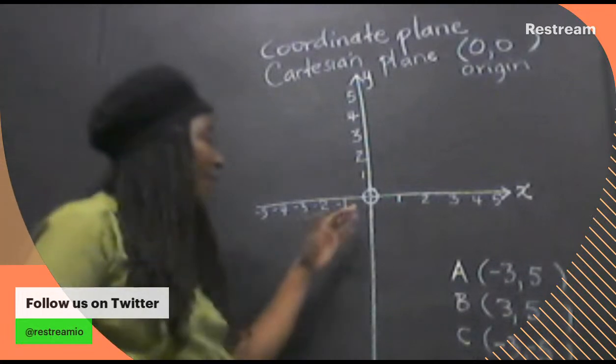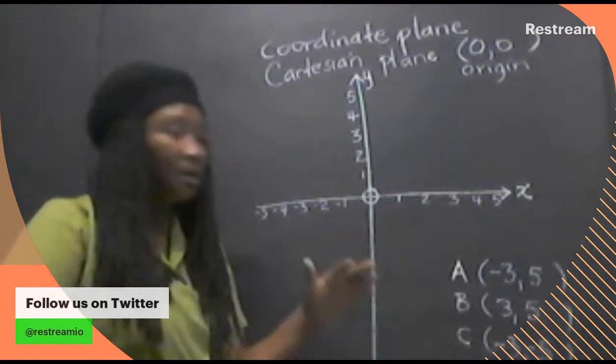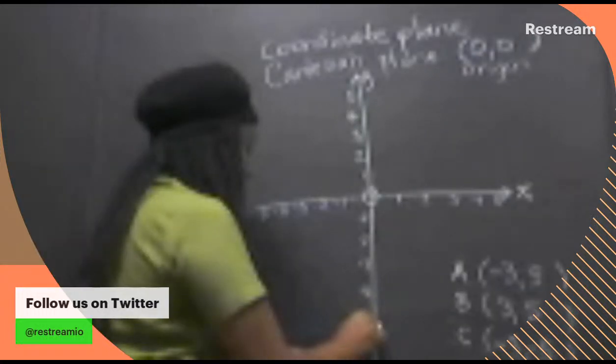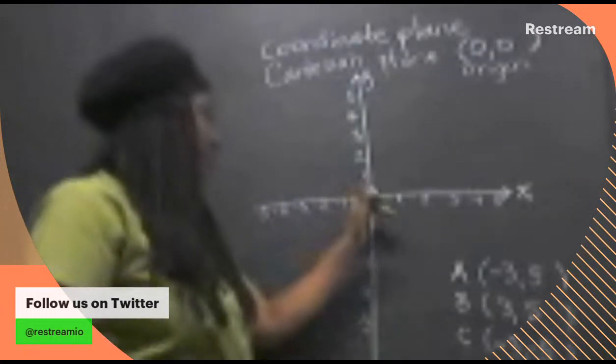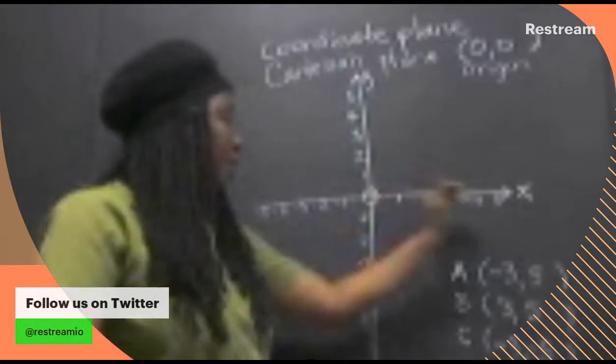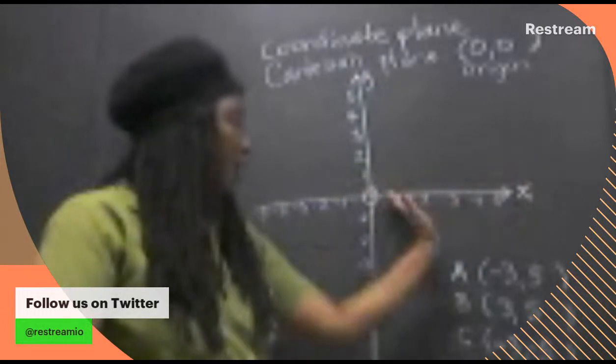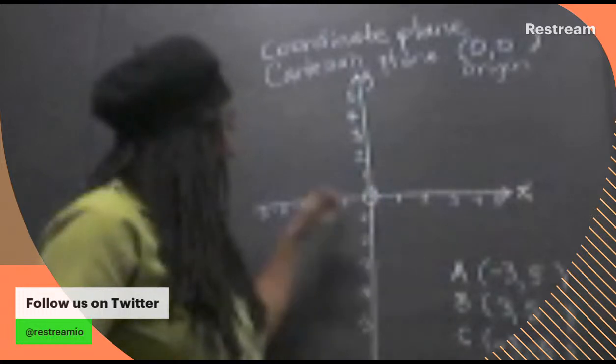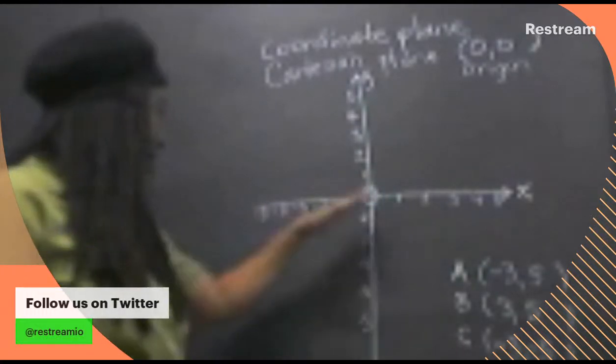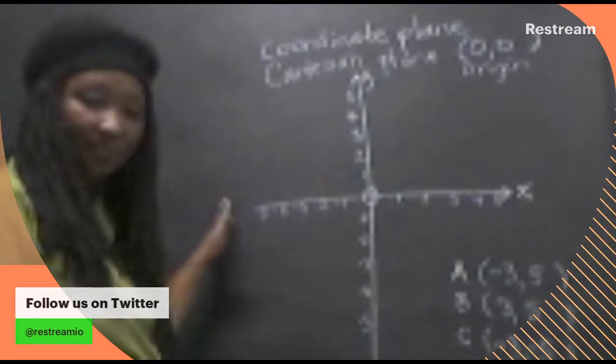Now bear in mind, we number from the center out. So from 0, 0, which is the origin, out, 1, 2, 3, 4 on the positive x, negative 1, negative 2, negative 3, negative 4 on the negative x.